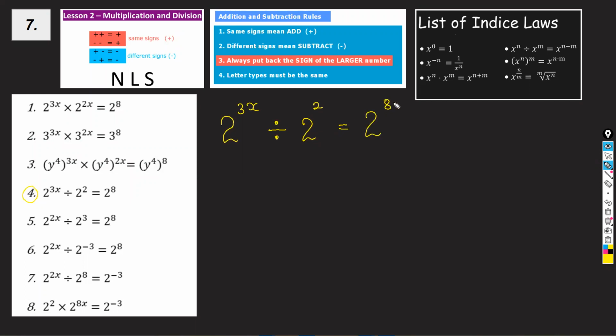Now, if a person isn't too familiar with maths, they might quickly say, well, there's a 2 here, a 2 here, and a 2 here. Hey, all of them look the same. So a person might be quick to cancel out all the 2s, and then they might say something like this: 3x divided by 2 is equal to 8.